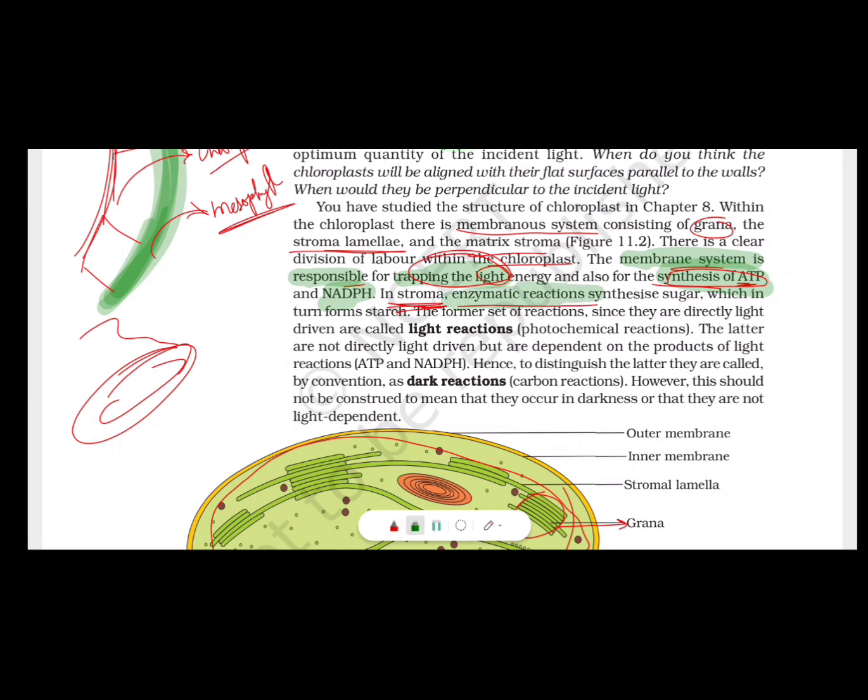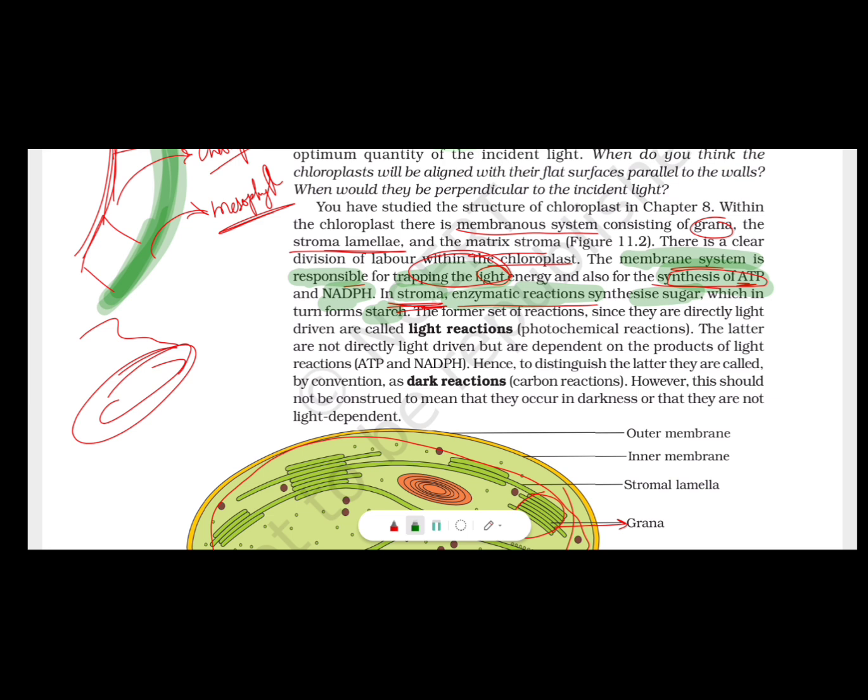They occur in the stroma. And why do these enzymatic reactions occur? It occurs for the synthesis of sugar, which in turn forms starch. What will happen if we synthesize the sugar? We will get starch.